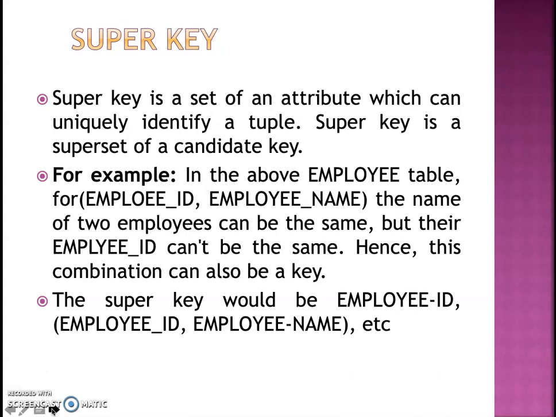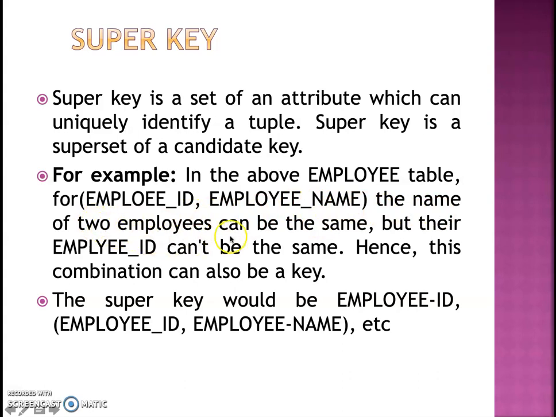The next one is known as the super key. Super key is a set of attributes which can uniquely identify a tuple again. Super key is a superset of a candidate key. Let's see with an example. Here we have an employee table with employee ID and employee name.